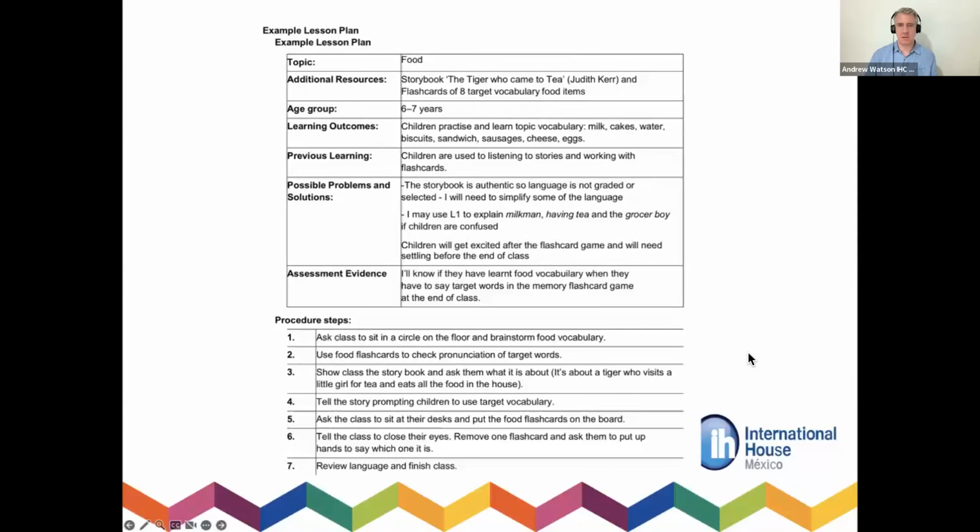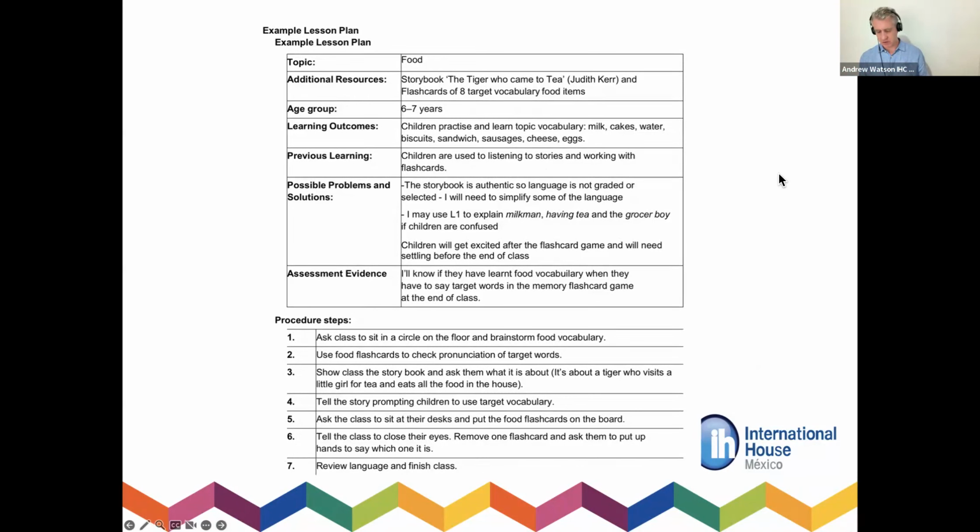So this is a suggested lesson that you could use with the younger age group, as young as 6 to 7. I'll read the box part. Okay, so the topic is food. The additional resources are the storybook and some flashcards of 8 target vocabulary food items. These should be quite easy to find.